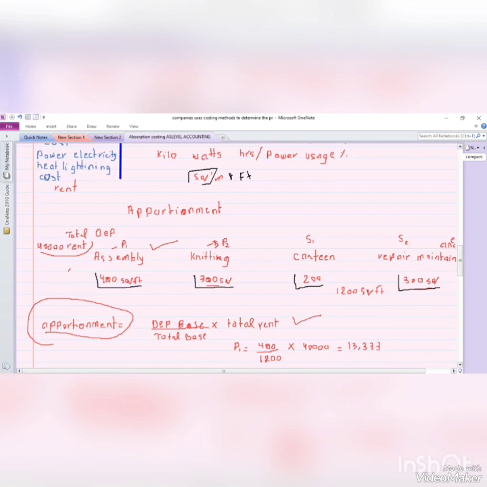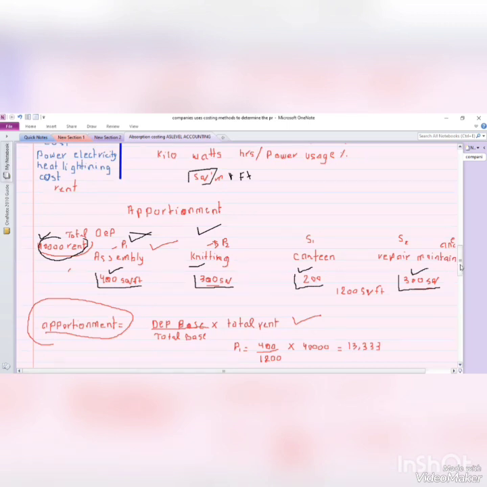So if our rent is $4,000, we should divide this $4,000 rent to each department on a fair basis, and the fair basis here is square feet. An examiner would give us these square feet in exams, so you should not worry about the different number of square feet.